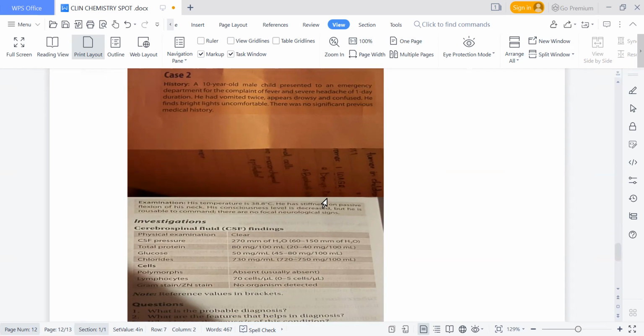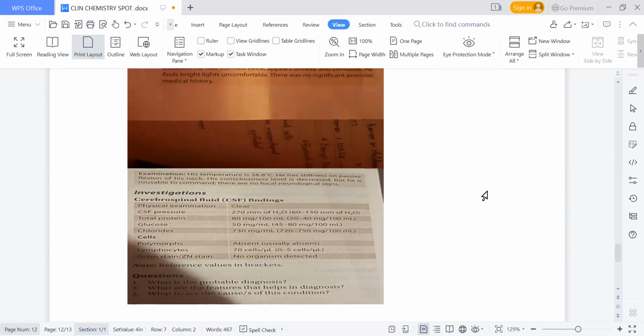So for the investigations here, the CSF was clear, the pressure was increased, total protein increased, glucose within range, chlorides within range, and on microscopy, the polymorphs were absent, lymphocytes were increased, and no organism was detected on gram stain or Ziehl-Neelsen stain. So what's the probable diagnosis here?